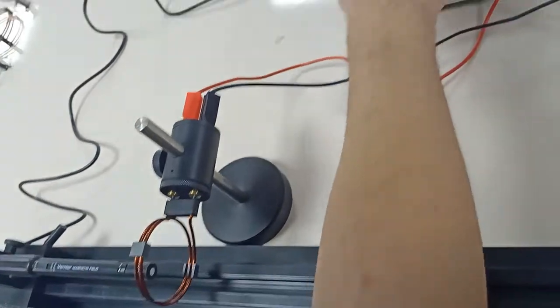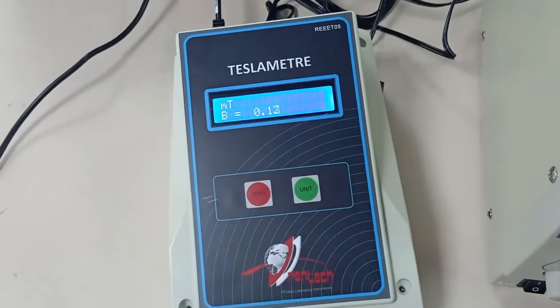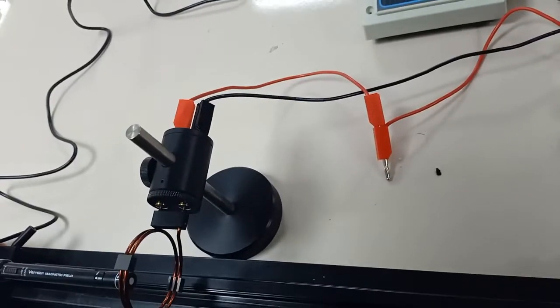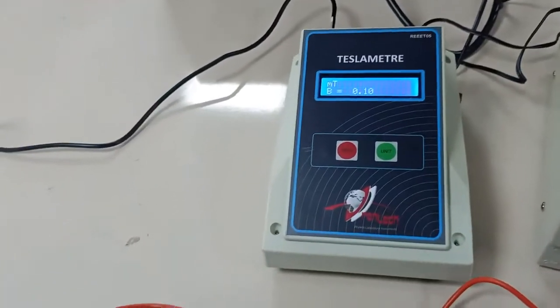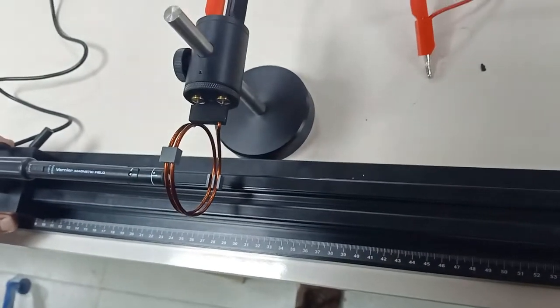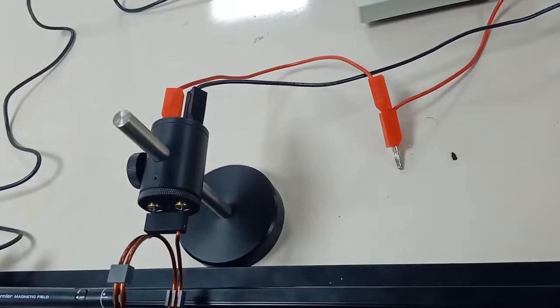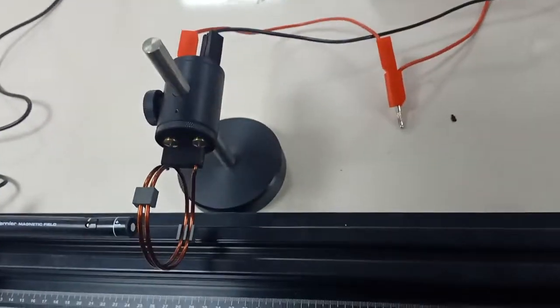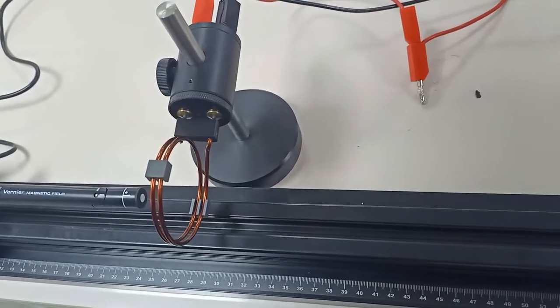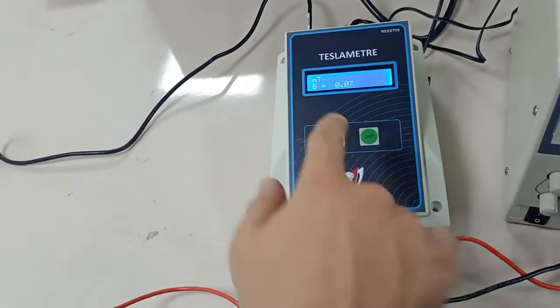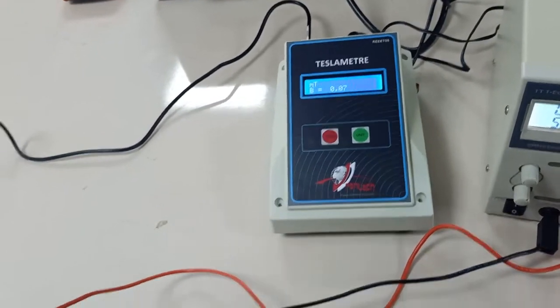When the distance is 2 centimeters, it is 0.13. When the distance is 2.5 centimeters, it is 0.10. When the distance is 3 centimeters, it is 0.08. When the distance is 3.5 centimeters, it is 0.07.